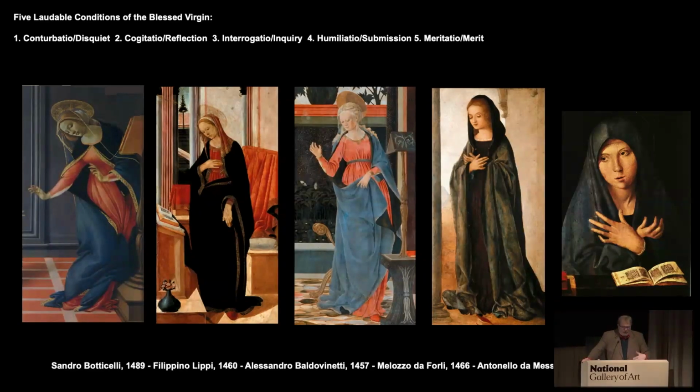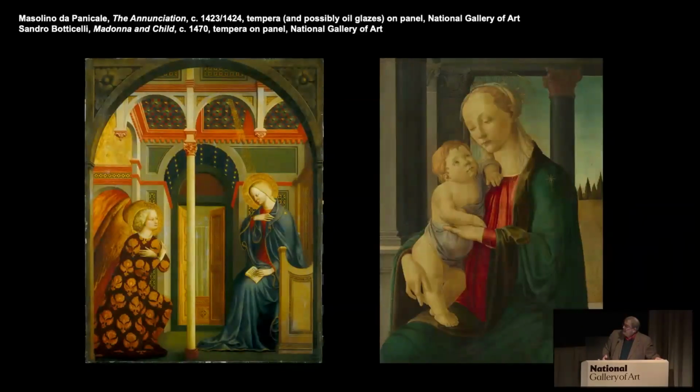She's gone through all these stages, this quiet, reflection, inquiry, submission, and then she accepts that she's worthy, or that she merits this. So those are very common certainly in 15th century Florentine painting, but they're picked up throughout images of the Annunciation and other traditions in other places.